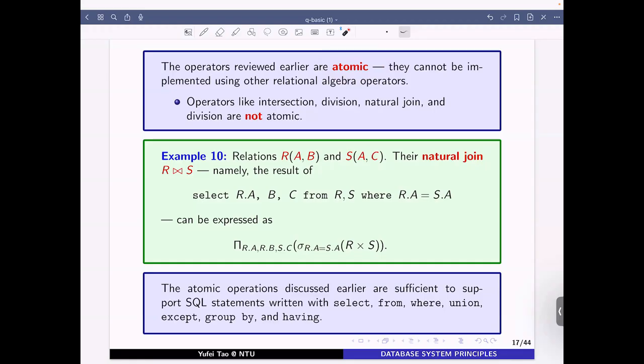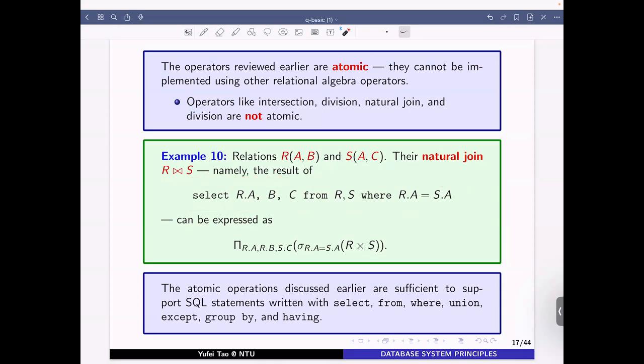To give you an idea about this conversion, let me talk about natural join, because natural join is particularly important in practice. Say I have relation R and relation S. So R butterfly S, this butterfly is the natural join symbol. The result of this natural join is equivalent to the output of this SQL statement.